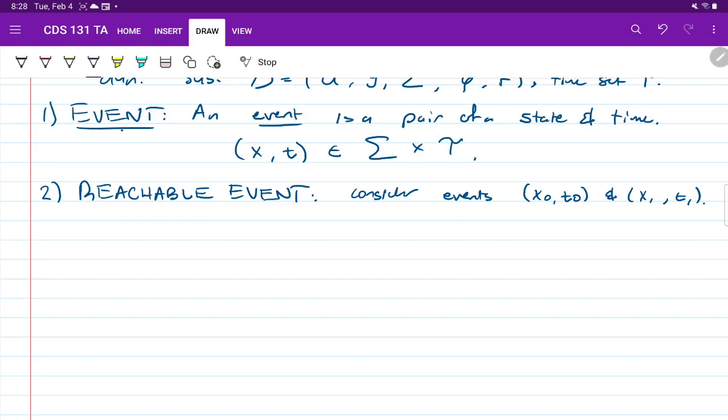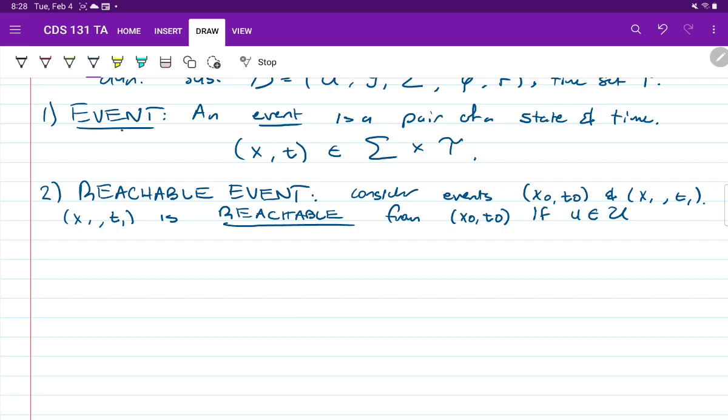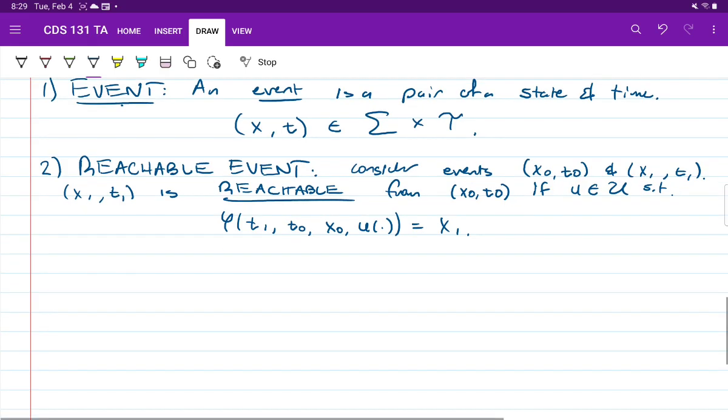That is, x1, t1 is reachable from x0, t0 if there exists an input signal u belonging to my input signal space such that phi of t1, t0, x0, u equals x1. So I declare this event x1, t1 to be reachable from my original event x0, t0 if there exists some input signal u that delivers me from x0, t0 to x1, t1.